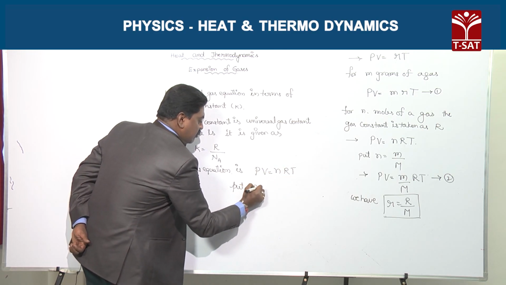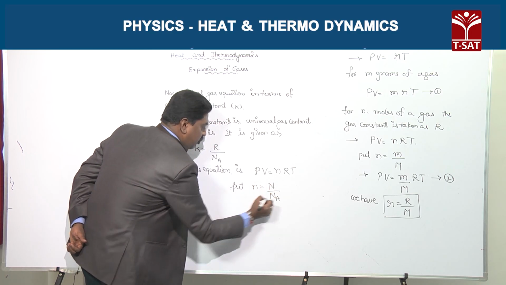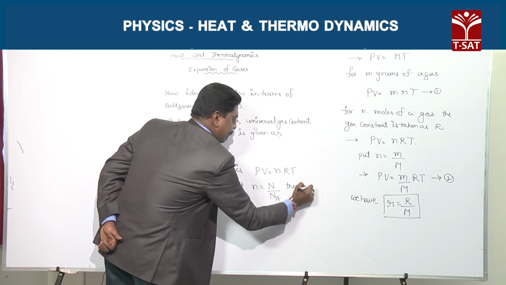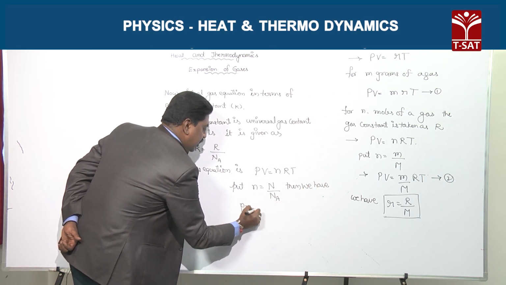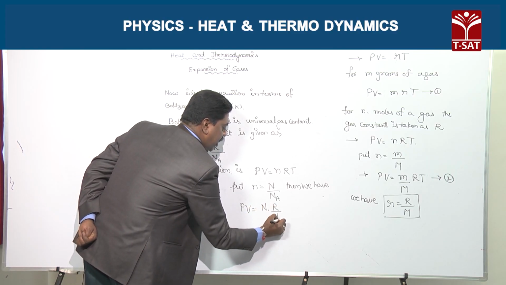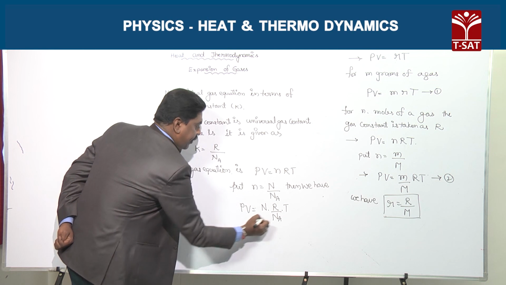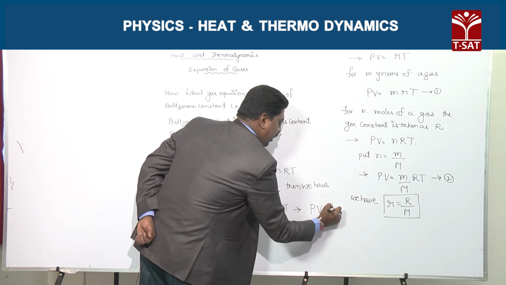Put n is equal to capital N by Na. Then we have PV is equal to N into R by Na into T, implies PV is equal to NKT.